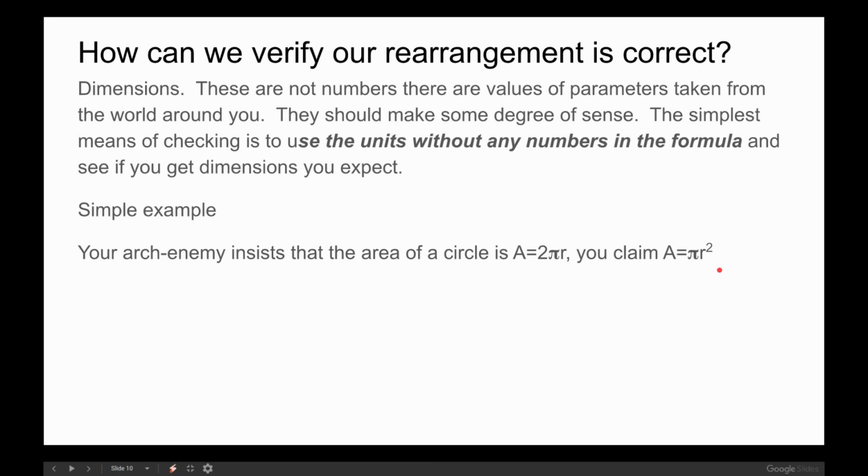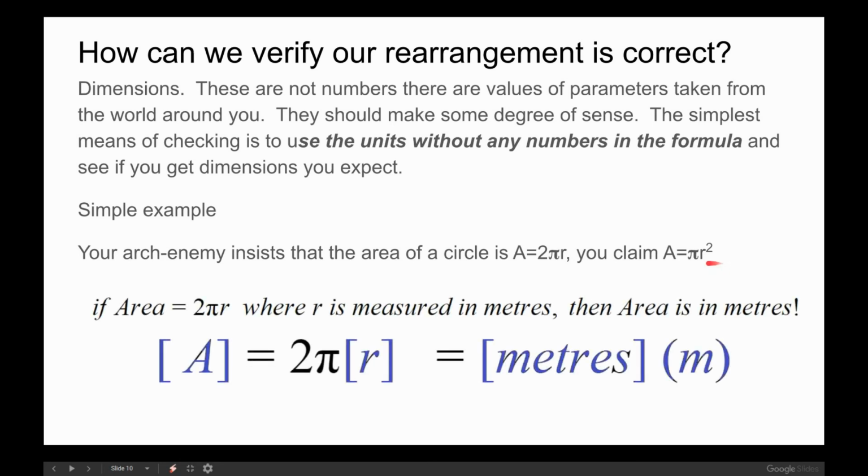And your best friend is like, well, we should come to a mutual agreement. And you're like, look, doofus, if I take 2 pi r and I ignore the numbers, I just pay attention to this r. r has units of meters. And meters is not area. It's meters squared. You're freaking wrong. You've given me the formula for a circumference. It's just a straight linear measure.